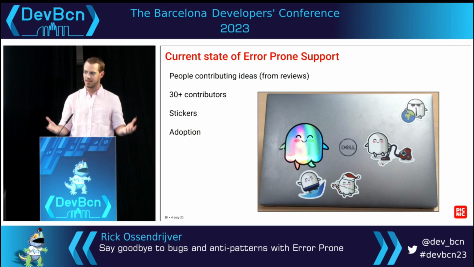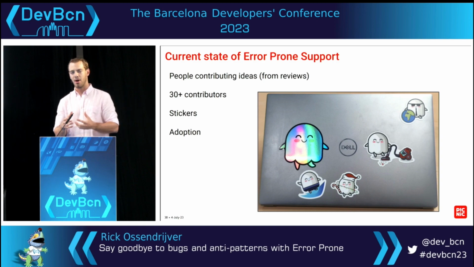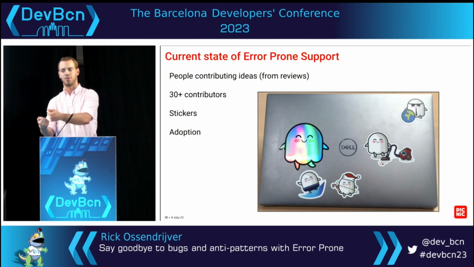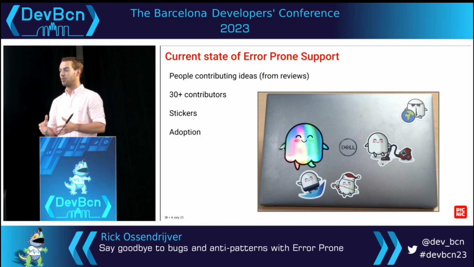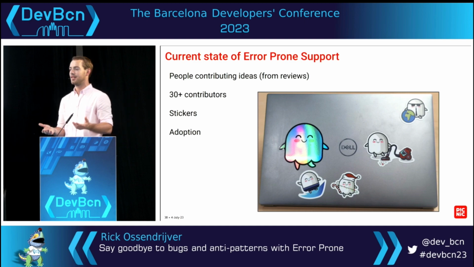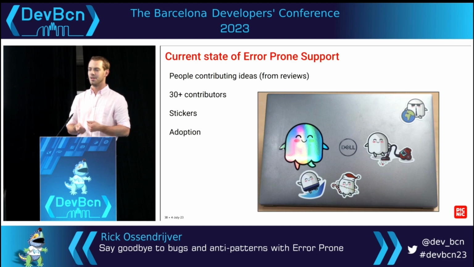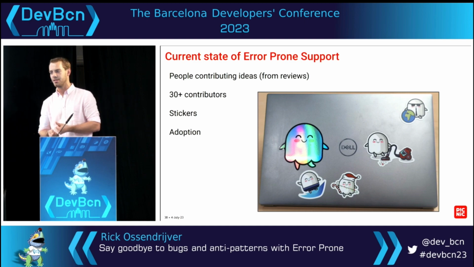So when we had this system, we had to incentivize other developers to actually contribute their ideas to error-prone support. So we thought about how we could incentivize the developers to actually do this. So we used a really powerful mechanism for this.